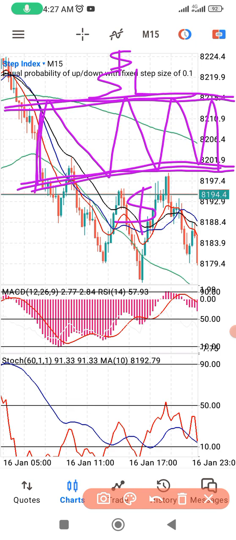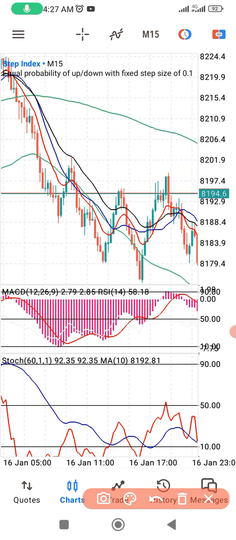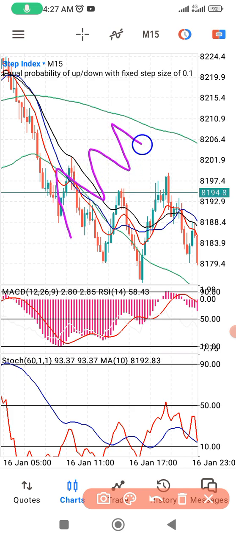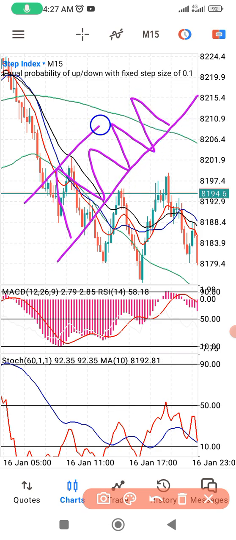Then we have another one, the dynamic liquidity. The dynamic liquidity is common in an uptrend or a downtrend. That is where the market is doing higher high, lower low, higher high, lower low. This is a dynamic liquidity, because all this zone is an area of liquidity. Why?